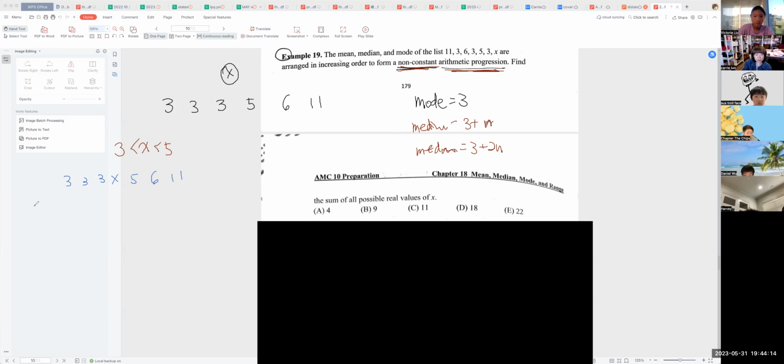So let's take a look at this one. For this question, mode became 3, and median is x. And the mean is 3 times 3 plus x plus 11 plus 11 divided by 7. Correct? Sorry, which is 31 plus x divided by 7.